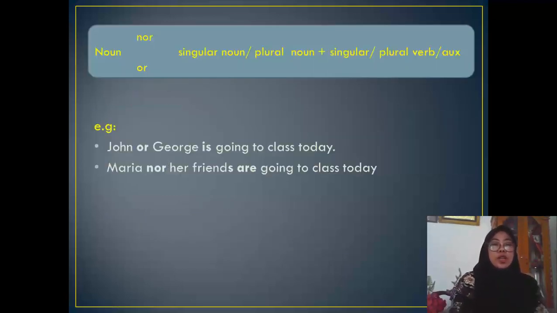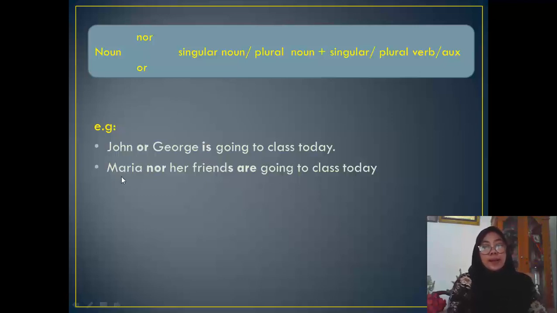Same as this one: "John or George is going to class today." John or George, you can choose which one between John or George. So it depends on the second noun. George is one and singular, so the to be must be singular also.